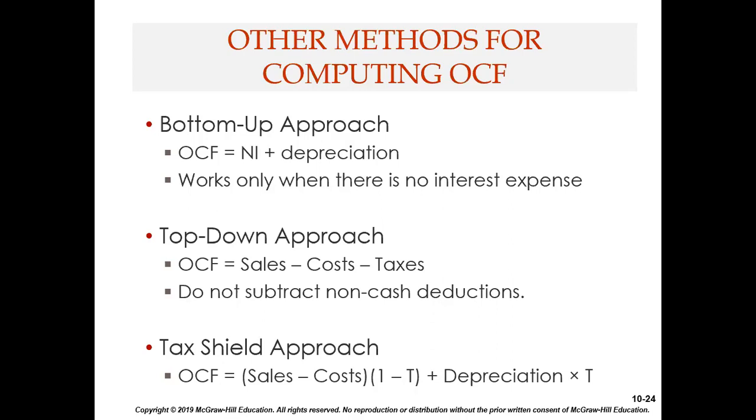If your tax rate is, say, 21%, what does that mean related to your sales minus costs? How much will you keep as cash flow? Well, if you have to pay 21% of them as tax, take the difference between 100% and 21%, you're going to keep 79% of this difference as cash flow.